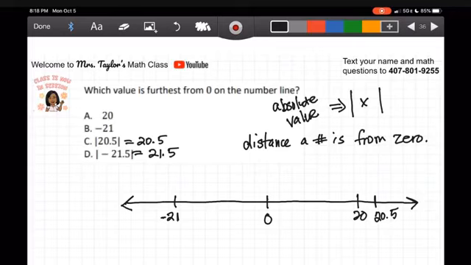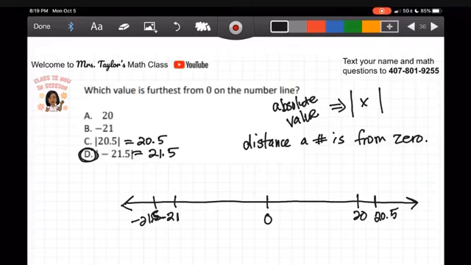It'll be like right here, if I plot it. But the absolute value of it is going to be equal to 21.5. So they want to know which one is farthest away from 0. And in this case, it's going to be the 21.5. And it doesn't matter that it says negative because we're talking about the distance away from 0. And that's going to be the 21.5.